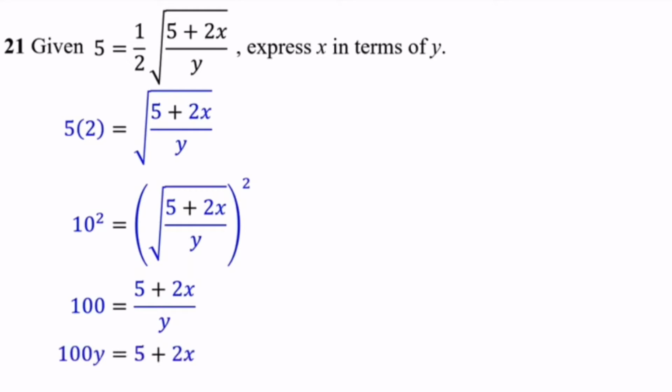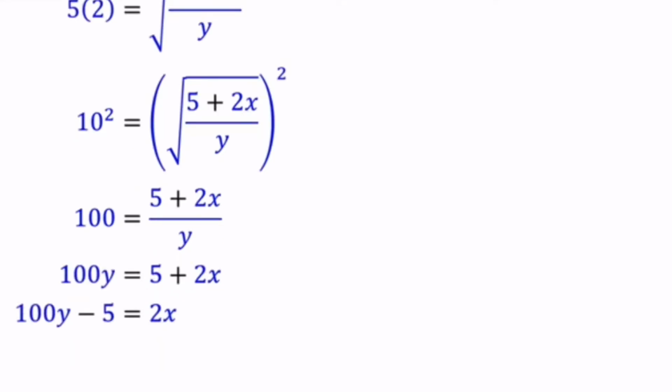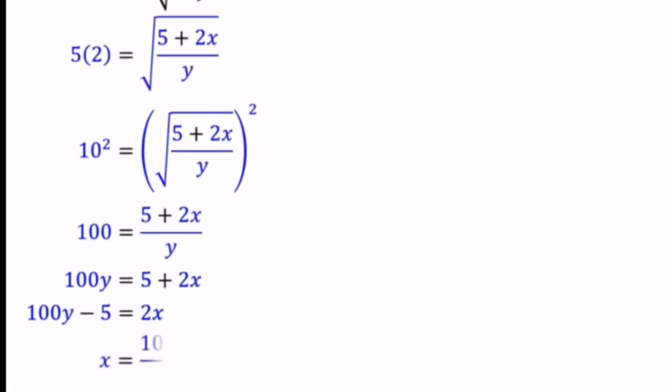Then, because we need to express x in terms of y, meaning you have to simplify until x is on one side, we keep the x on the right hand side. So we shift the 5 to the left. We need to minus: 100y minus 5 equal to 2x. Let's continue simplifying until x equals 100y divided by 2, you get 50y minus 5 over 2.